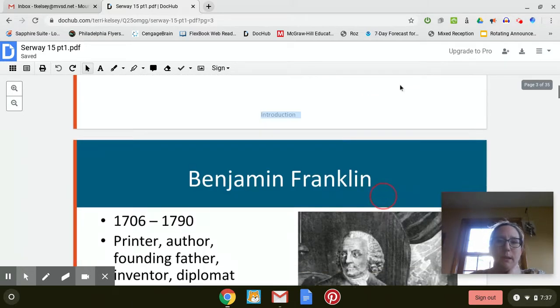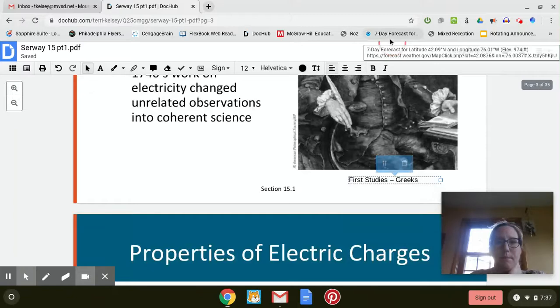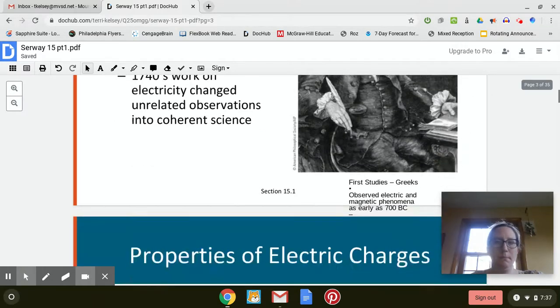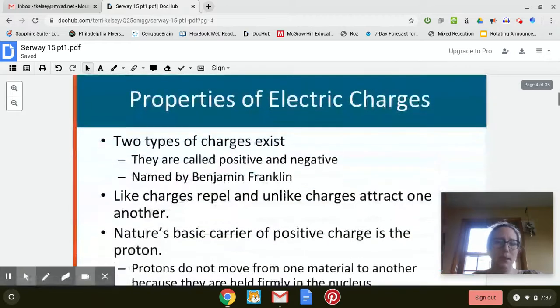Benjamin Franklin was really the guy who made modern electricity kind of what it is now. He was also the guy who mislabeled positive and negative backwards. So we're stuck with it.